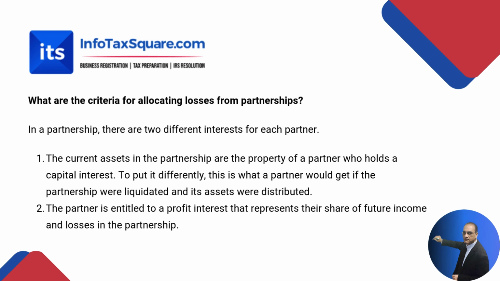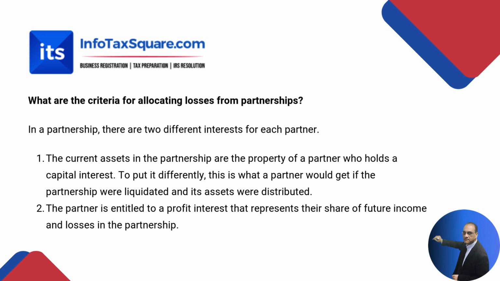What are the criteria for allocating losses from a partnership? Partnership is also one of the kinds of pass-through entities. In a partnership, there are 2 different interests for each partner. Number 1, the current assets in the partnership are the property of a partner who holds a capital interest.